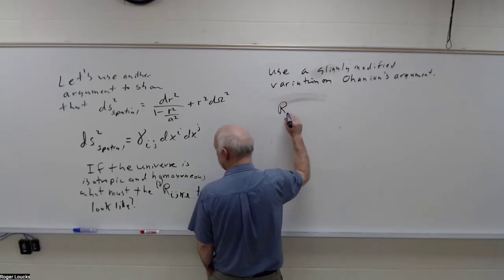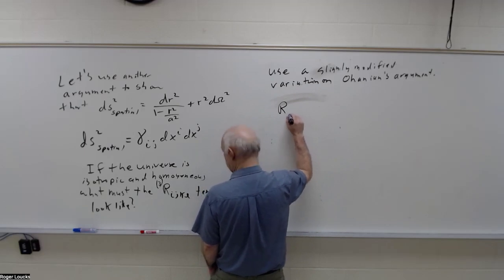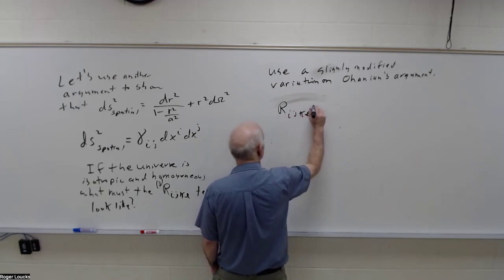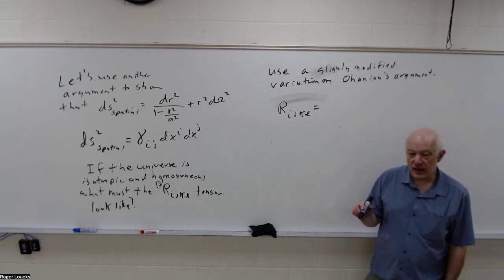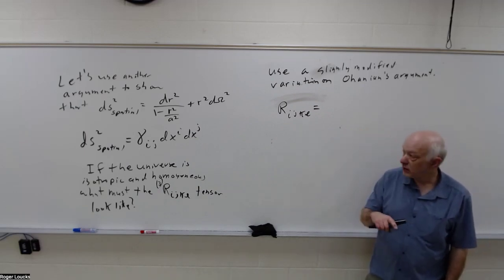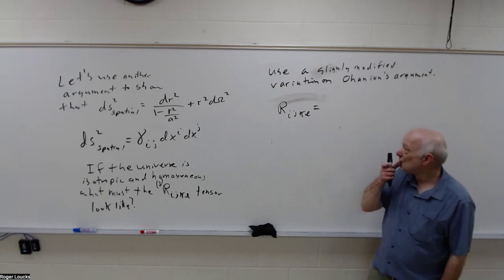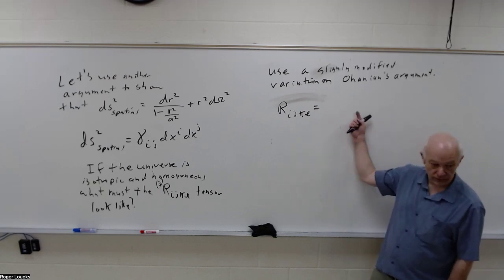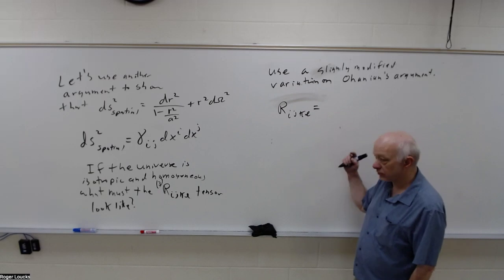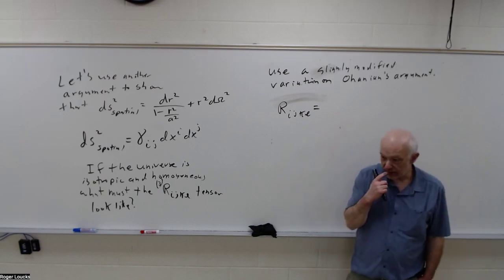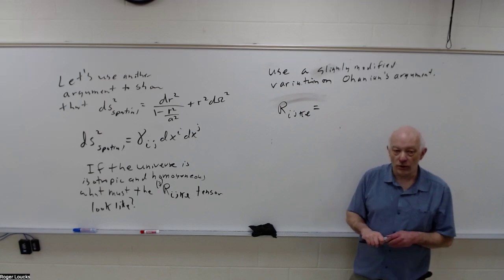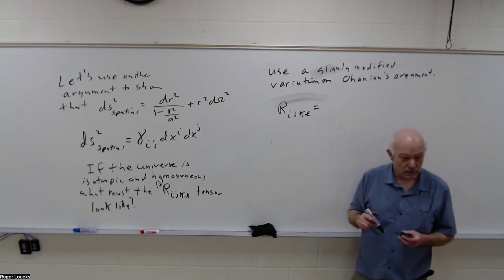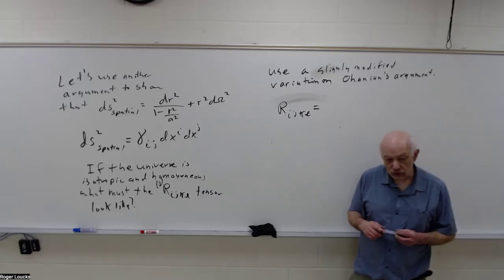If you have this right here, we know that this can't depend on direction, it can't depend on location. The question is, what does this have to be? You'd have to have some constant. And then what else would you have to have? What kind of objects do we know that are tensor-like, but do not vary with location or direction?